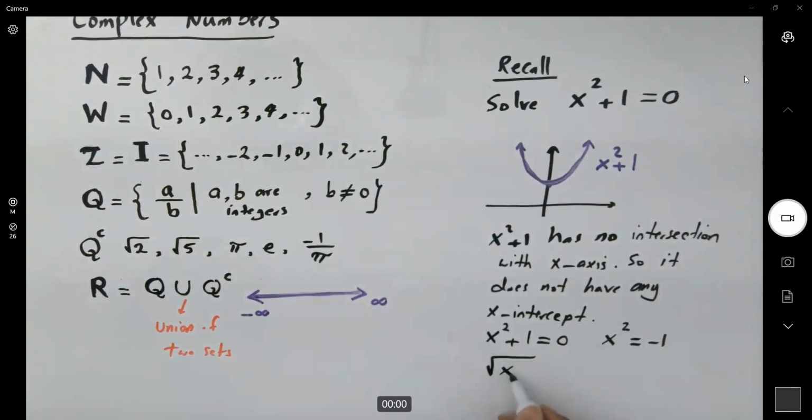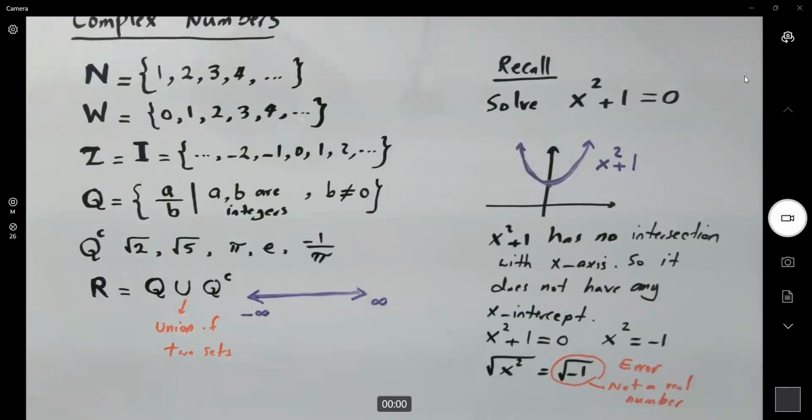And if you take the square root of both sides, you get square root of -1. And if you use a calculator, you get an error. Why is that? Because square root of -1 is not a real number. Well, okay, that's not a real number.